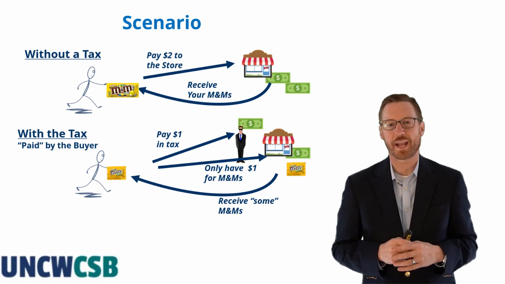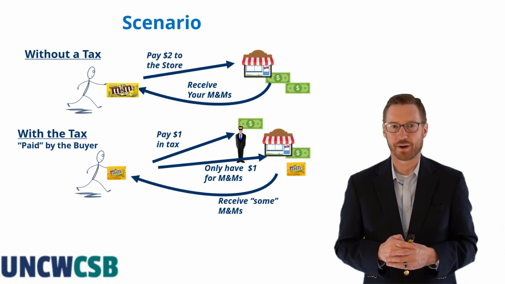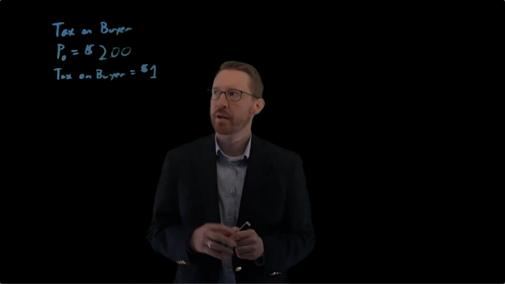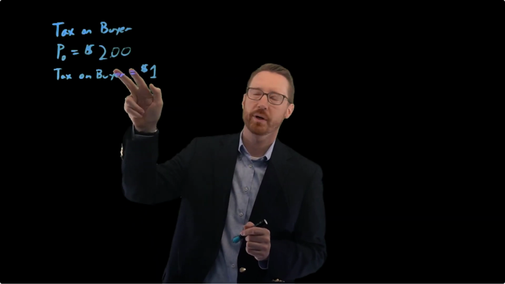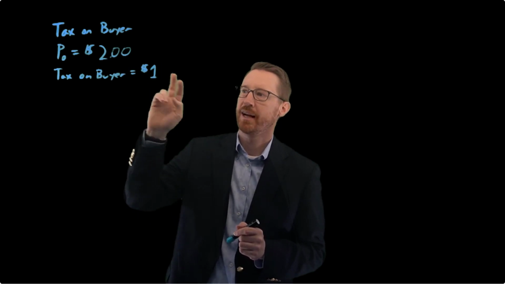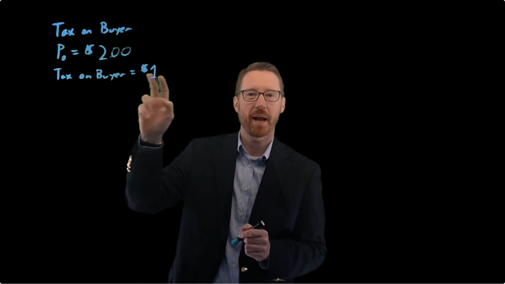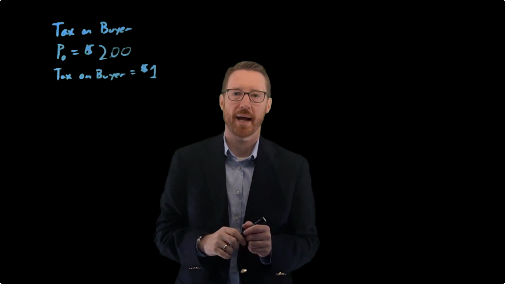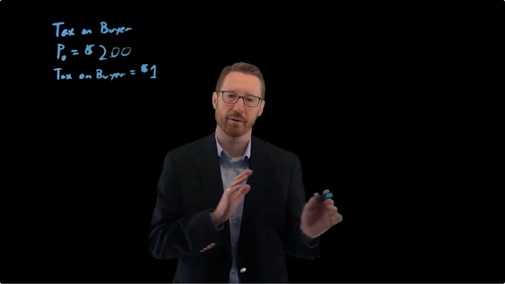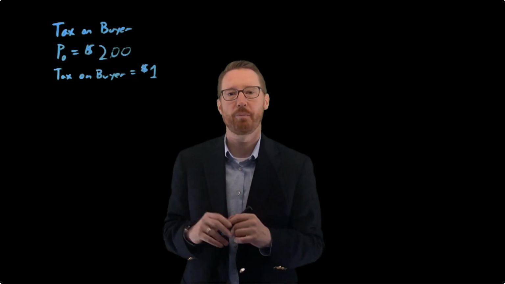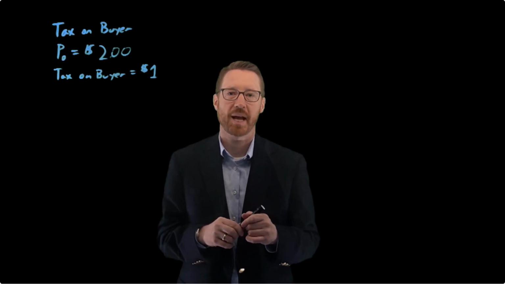So let's take a look at it in a supply and demand diagram. So thinking about a tax on the buyer, let's suppose that our original price is $2 and that the tax on the buyer, paid by the buyer, is $1. So we want to think about how we model this in our model of supply and demand and who bears the burden of this tax.